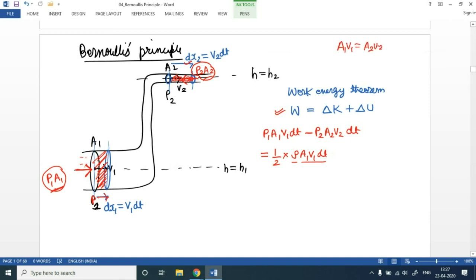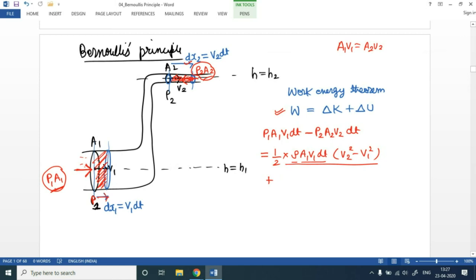So whatever mass has entered through the cross section A1, the same mass flow rate is going to be from A2 as well. So dm is going to be constant. So this is delta K, the change in kinetic energy. And similarly, delta U we can also write.